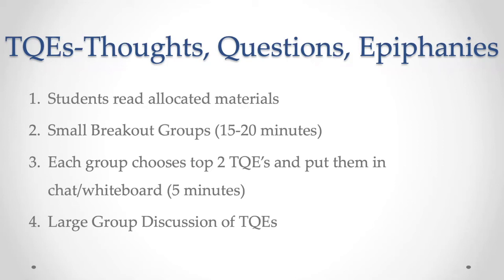And so you put them into small breakout groups, give them 15 to 20 minutes as a small group to discuss the readings and come up with all of their thoughts, questions, and epiphanies, and then pick just 2 of those from each group to go over into a large group discussion. That allows them to build consensus as well. And so we're going to practice that later, actually. So Jim, if we go on.